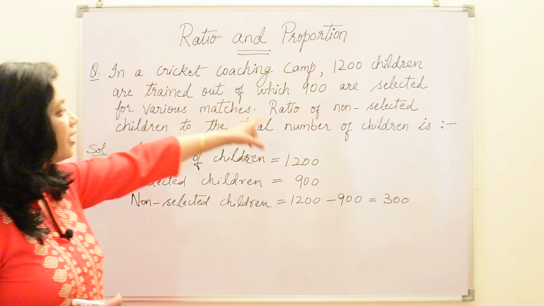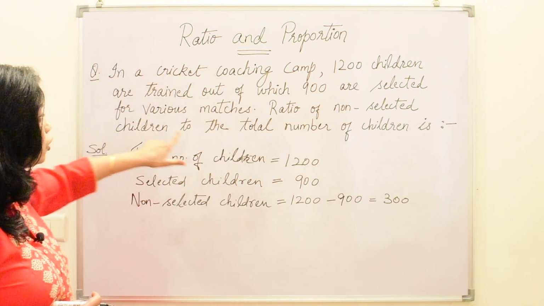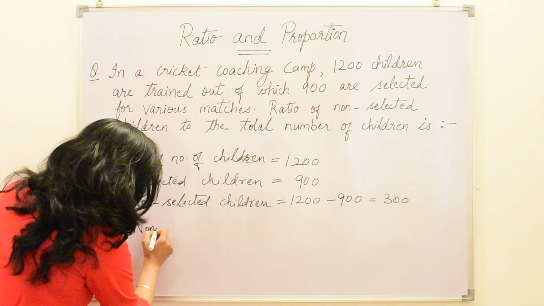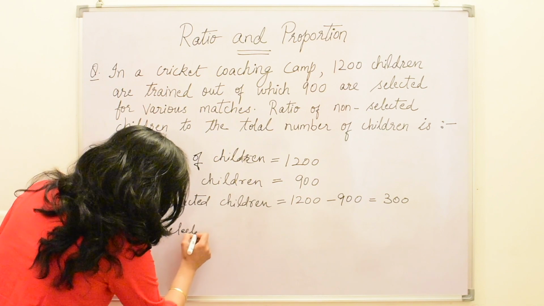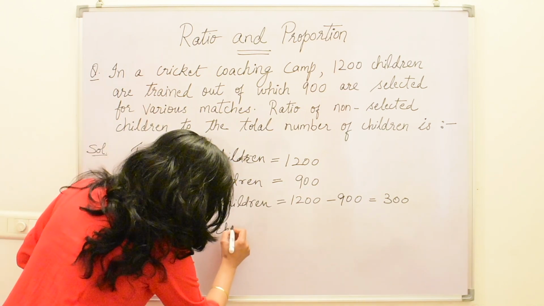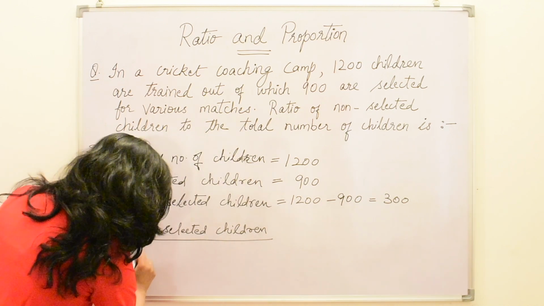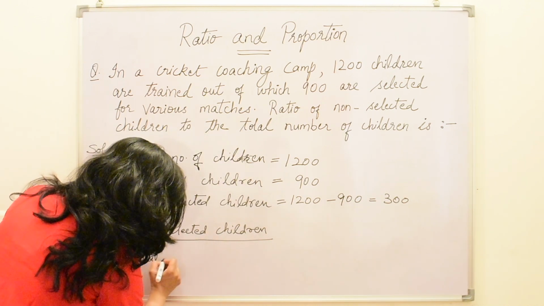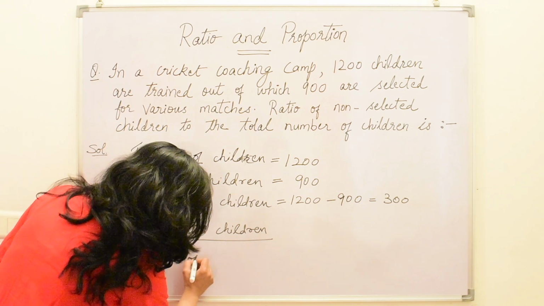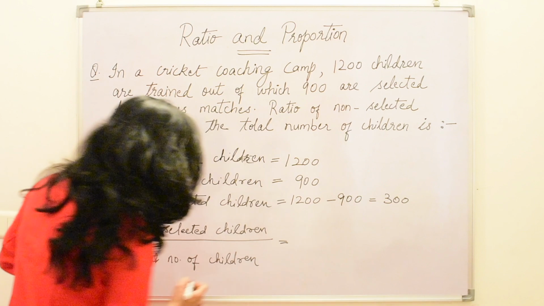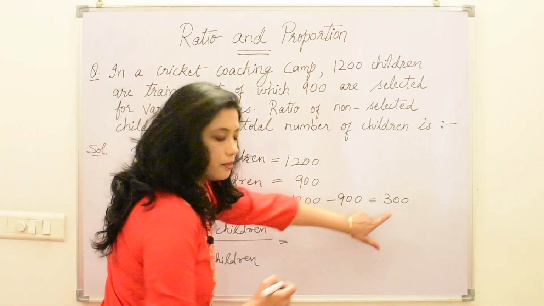Now we have to find the ratio of the non-selected children to the total number of children. Non-selected children is 300.